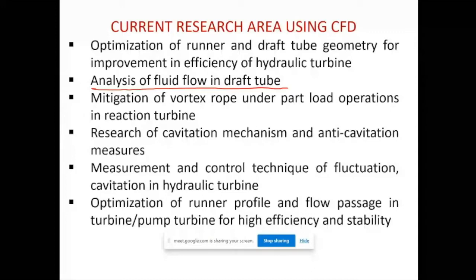So we don't want to operate the turbine in off-design conditions where the vortex rope is formed. So we need to do the analysis before the installation of the prototype turbine.